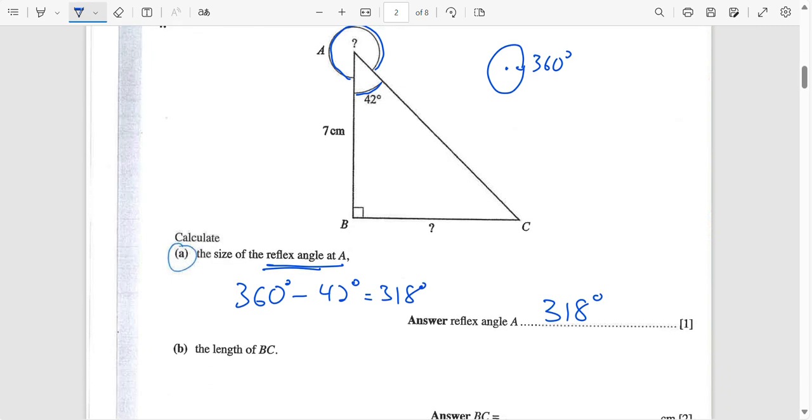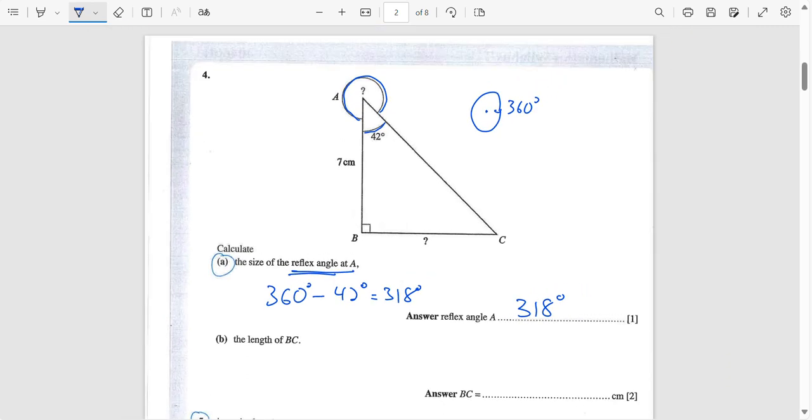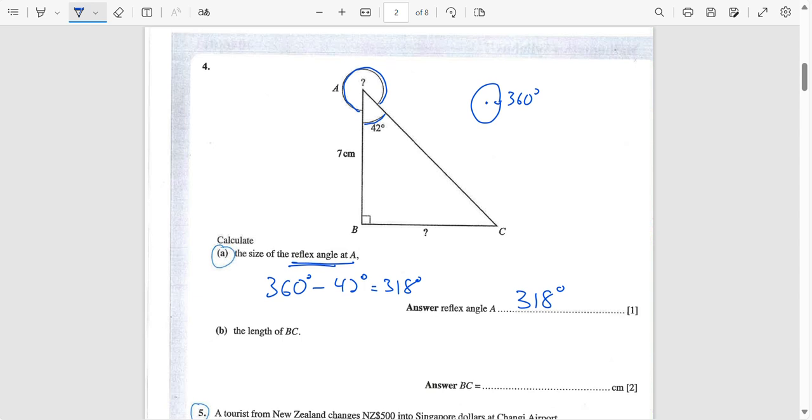Okay, to find the length of BC, you have to use this angle 42 degrees and this 7 cm. Okay, so using your trigonometry, this will be your adjacent, and you have to find the length opposite to this angle. So you have to use your tangent ratio.